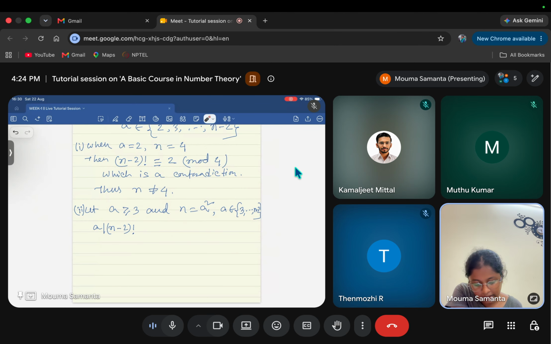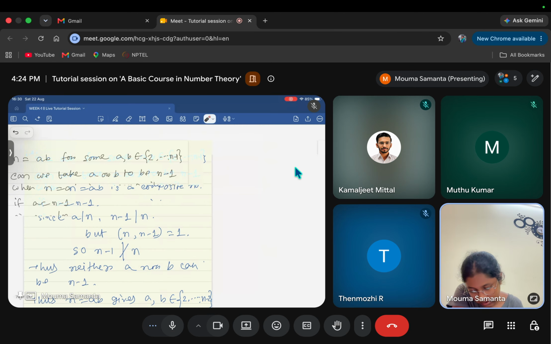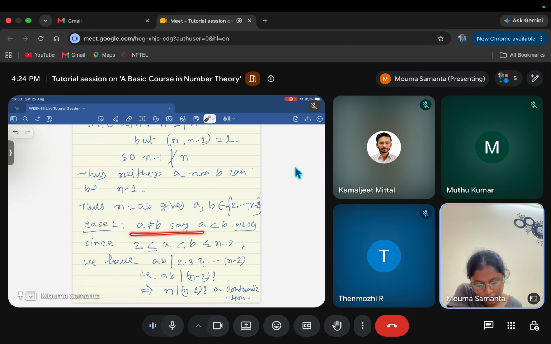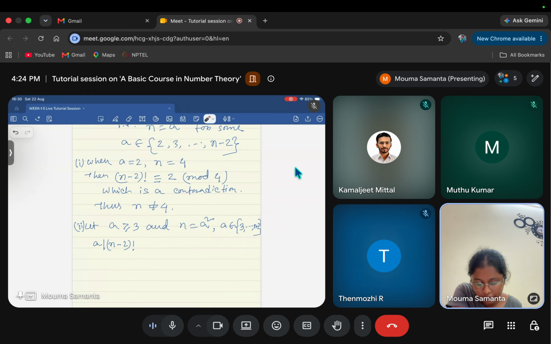Now in case 1, when a not equals b, we were trying to show n is dividing n minus 2 factorial. So what I said is a little bit wrong.